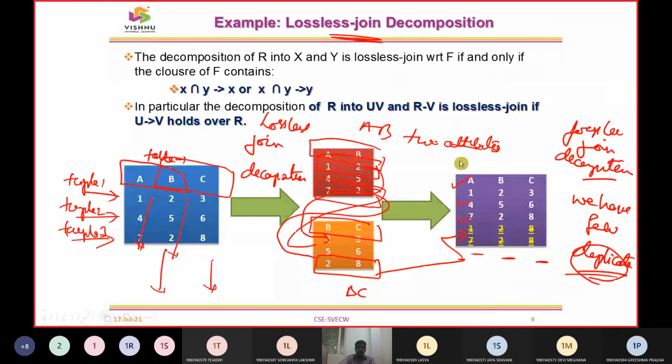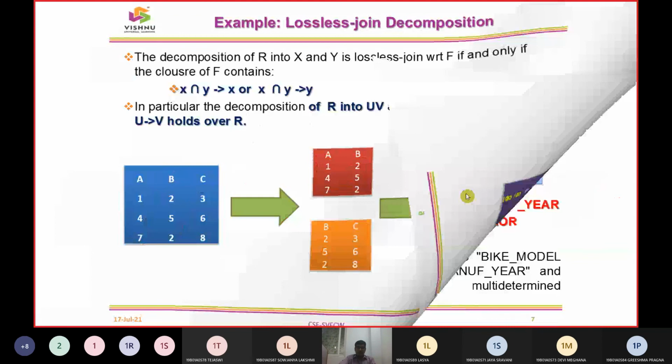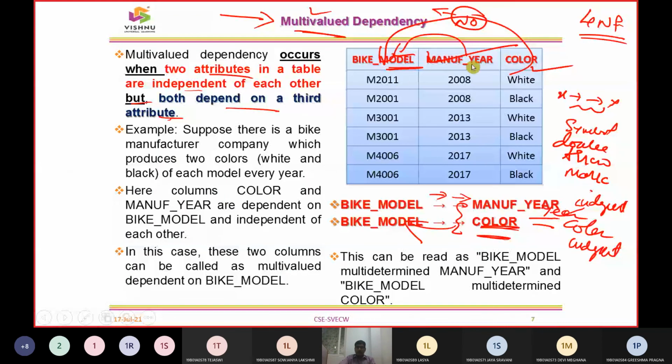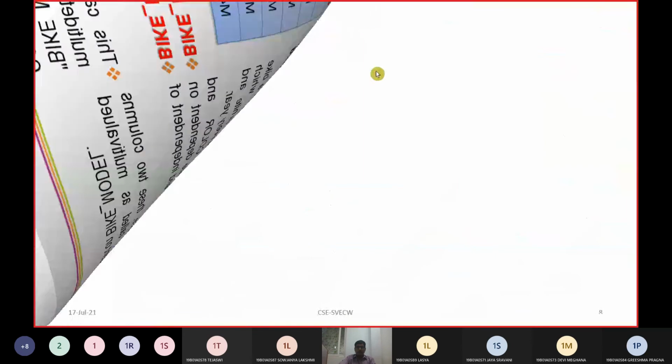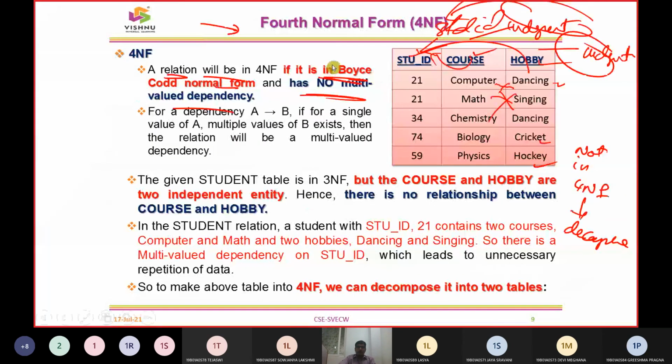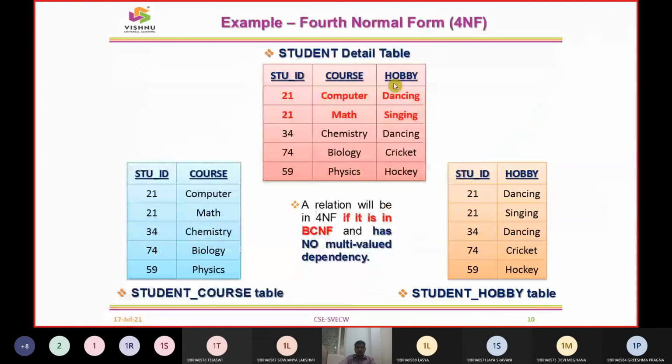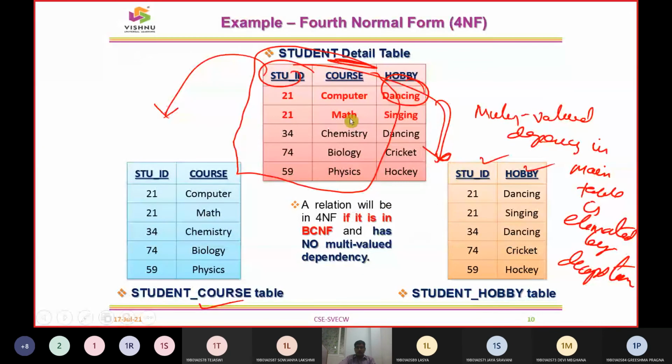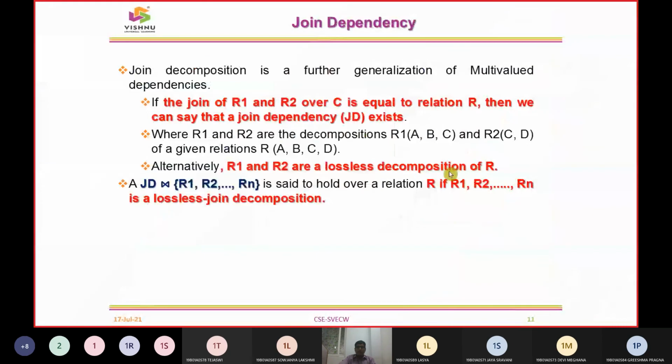Thereby we saw the division operations, etc. Then we said that two independent attributes are bringing up a single item. Then we talked about the fourth normal form, that it is in Boyce-Codd normal form and there should not be any multi-value dependencies. So multi-value dependencies have been eliminated.